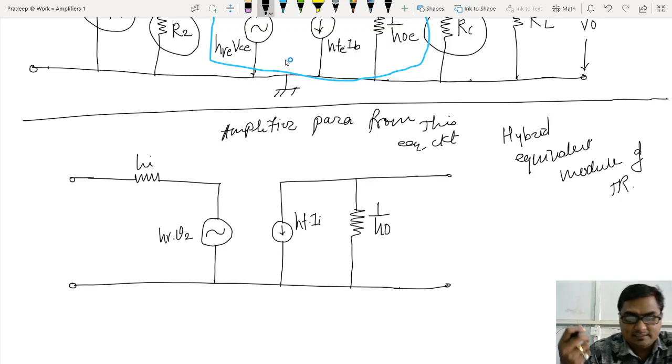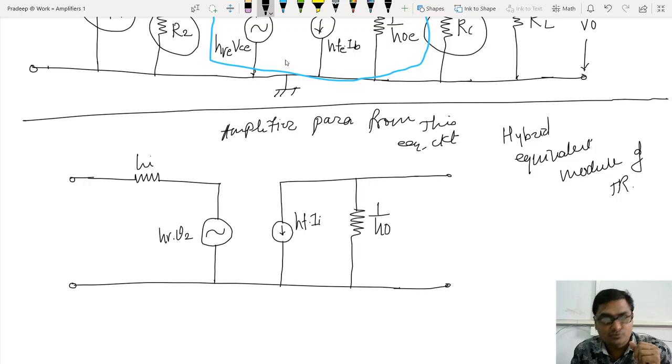It means I will treat this transistor module as an amplifier. If I want to treat this transistor module as an amplifier, I have to apply some input signal and take output across a particular load. Then only can I derive the amplifier's parameters.